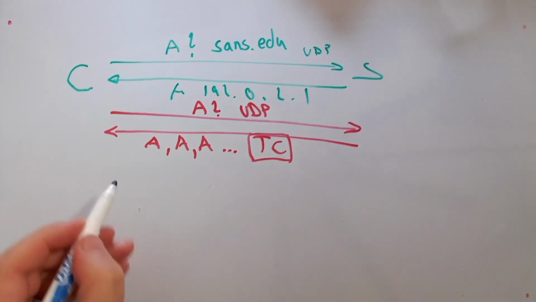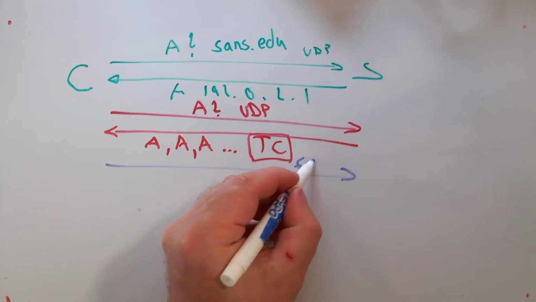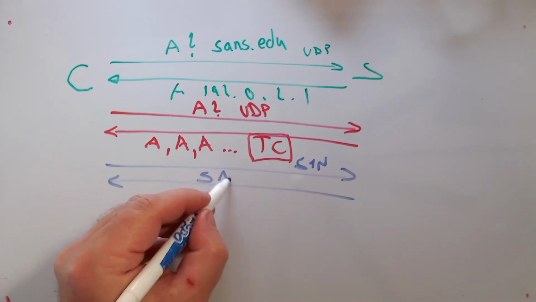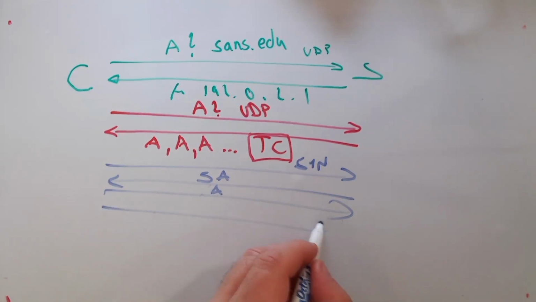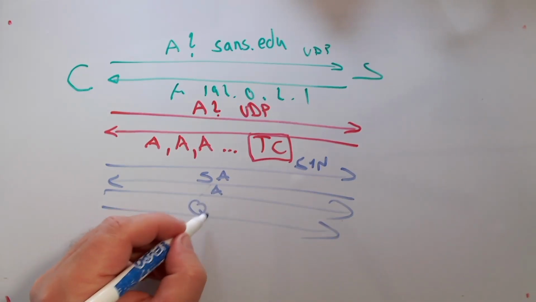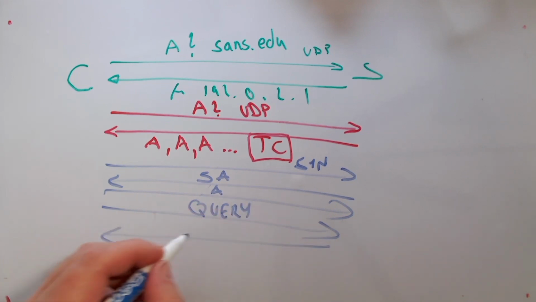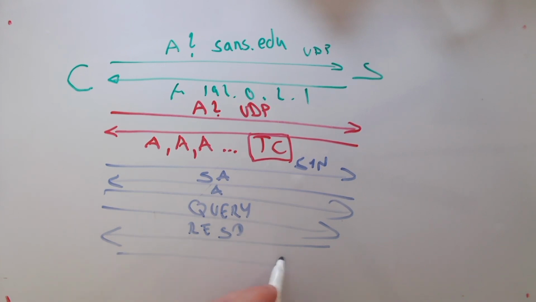So what happens next is your TCP SYN, then the SYN-ACK, then you have your ACK, then you have your query, and then you have your response, however many packets that takes, and then you have your FIN-ACK, FIN-ACK, ACK, whatever.